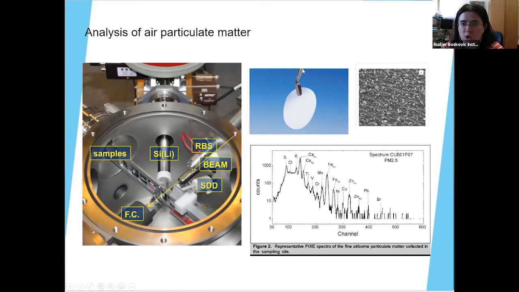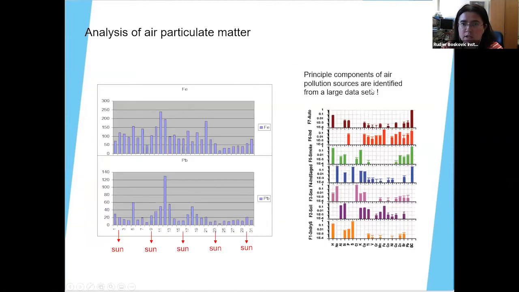You can collect air on these filters, and in the analysis, these filters with air particulate matter are treated as thin samples. Then you trace it over a long period, and using, for example, principal components, you can try to determine the source of the pollution from large data sets.